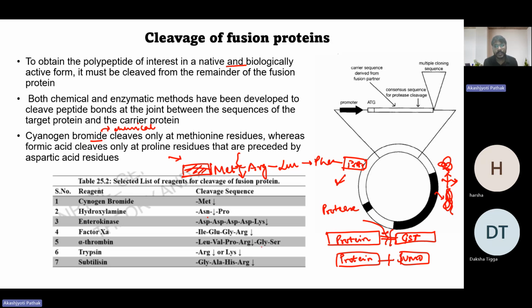Alpha thrombin cleaves between the arginine and glycine residue. Trypsin cleaves at the C terminal of arginine or C terminal of lysine. Subtilisin cleaves at the C terminal end of arginine. So these are different enzymes: trypsin, subtilisin, alpha thrombin, factor XA. These are different enzymatic cleavage methods, and cyanogen bromide and hydroxylamine are your chemical methods of cleavage of fusion proteins. Okay.